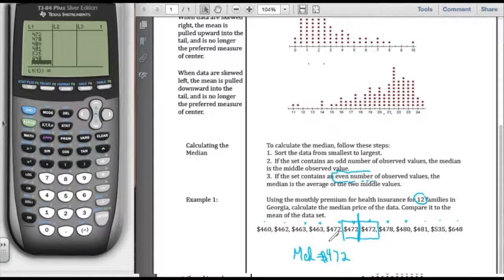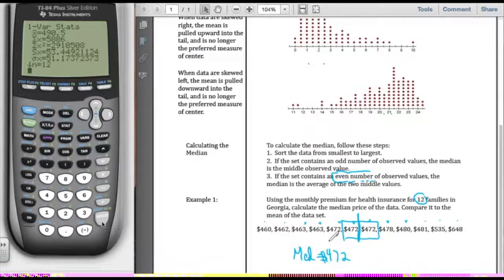To find my mean, I hit the stat button again, I go over to calc, and I select 1-Var Stats. And I can see that x bar, which is my mean, would be $490.50. Out of these two, the median is the better choice.